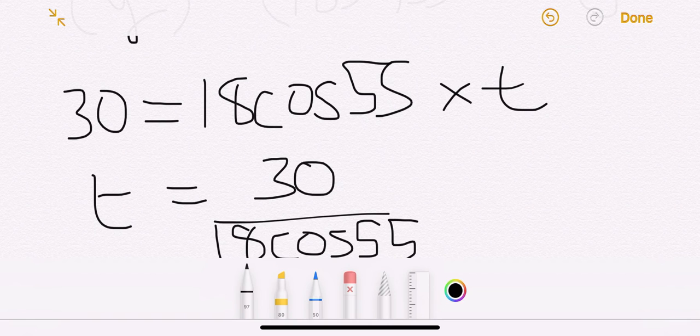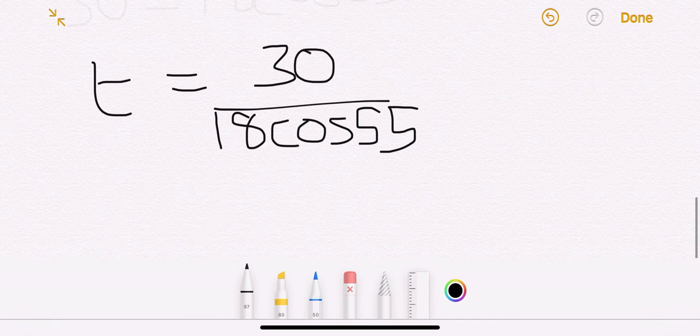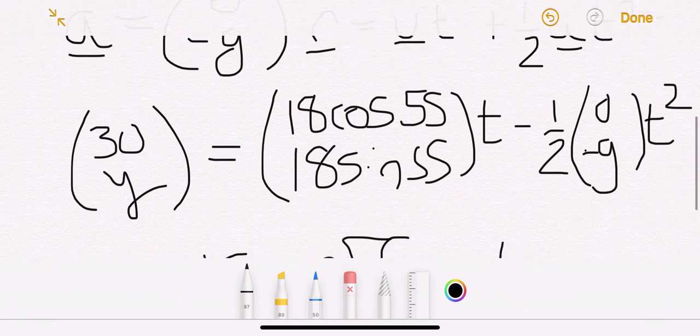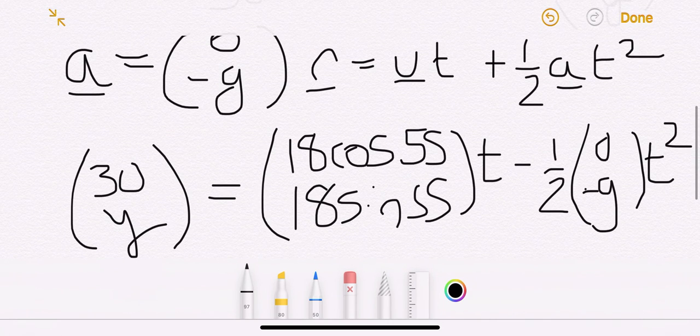I'm not going to work out what it is numerically, because I know that I just need to substitute this into the vertical components to find out its vertical height after 30 metres. So let's put this into our vertical component. Our vertical component is y equals 18 sine 55 t. Minus an error there, that should say plus a half of minus g t squared.